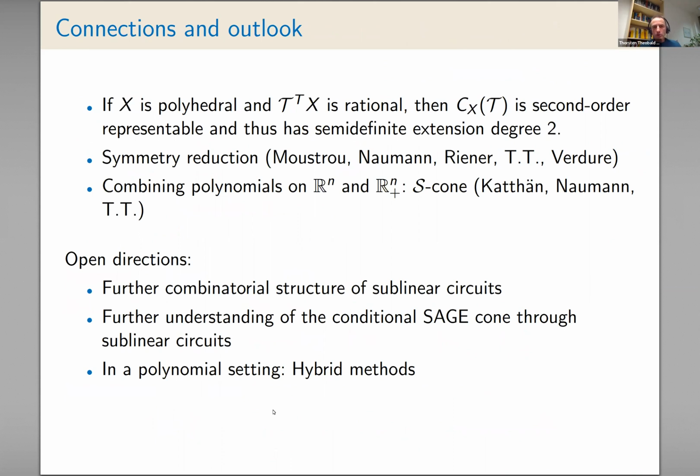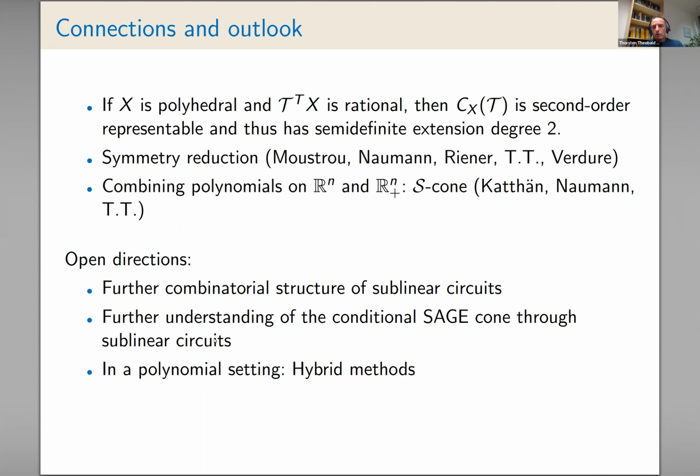Let me give a brief outlook. There's more work on this. In particular, there's also a connection to second order cone programming and to semi-definite programming. Actually, David Papp, who was here in this session, has also worked on these kinds of semi-definite descriptions of these sage cones.